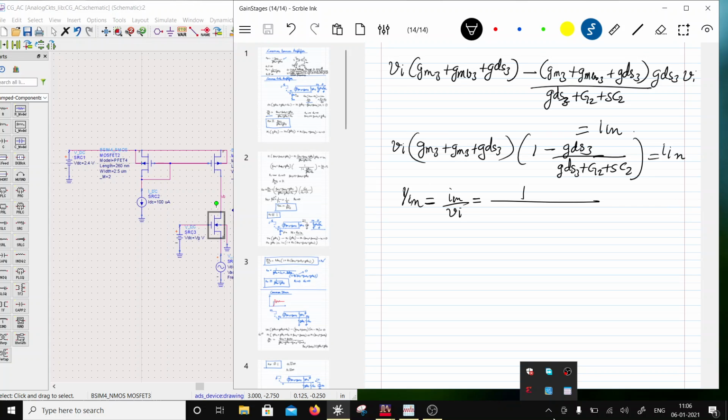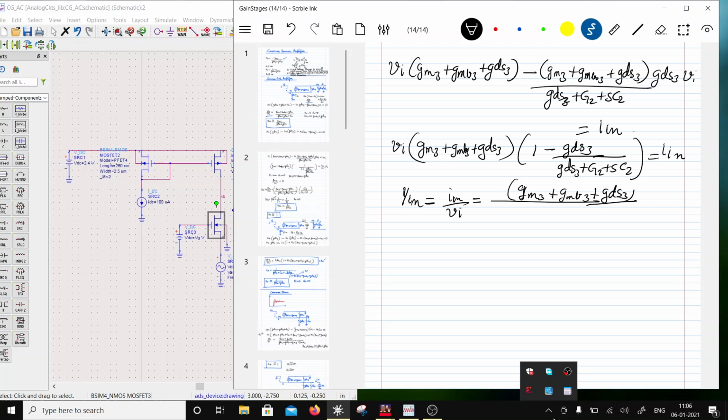So here Yin is In by Vi, right? So In by Vi will be GM3 plus GMB3 plus GDS3, that is the common thing on the left hand side, and this would be GDS3 subtracted, so G2 plus SC2 will remain, right?